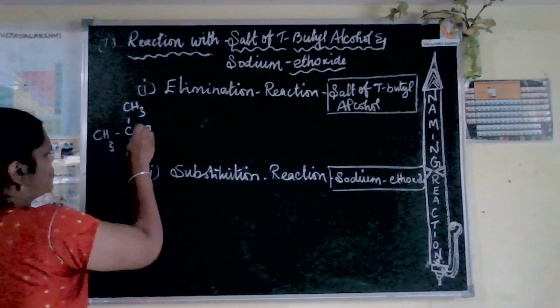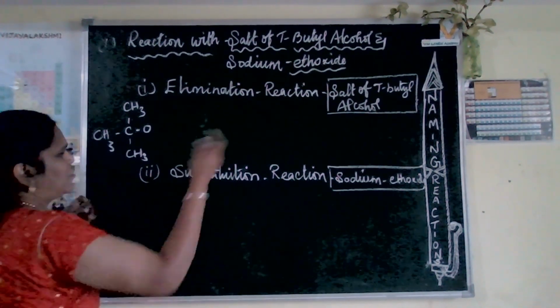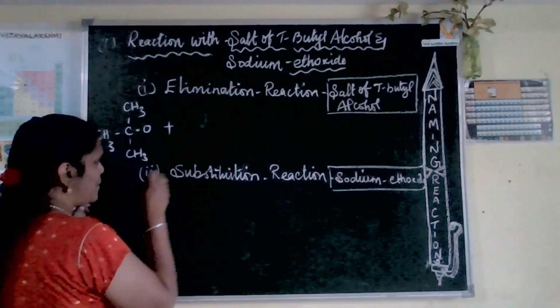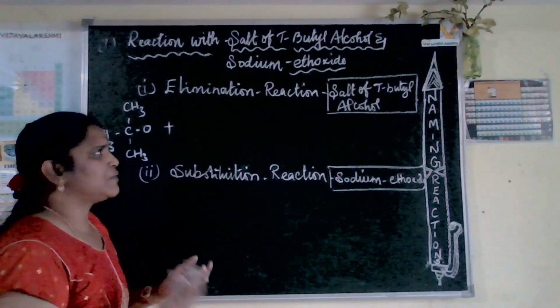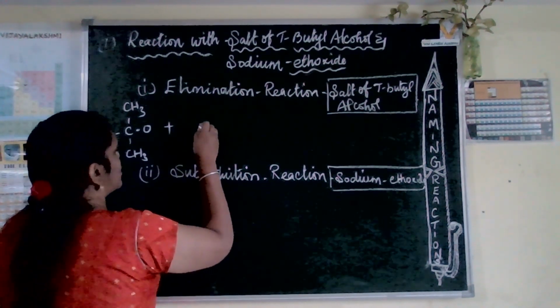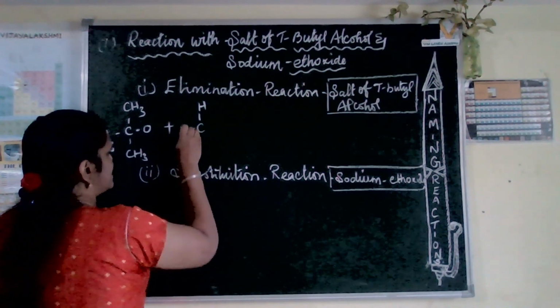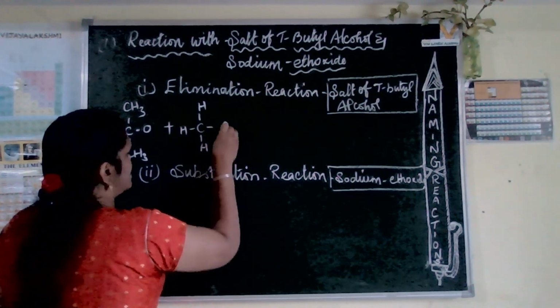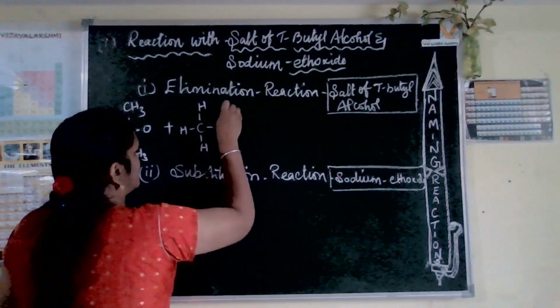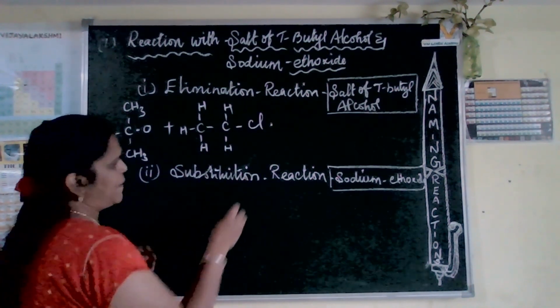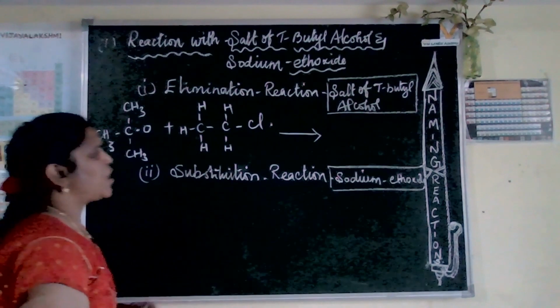Here O. I just put O only because it is the salt of T-butyl alcohol combined with a haloalkane. I just put ethyl chloride: CH3, CH2, and here Cl. Now, if it reacts, what happened?